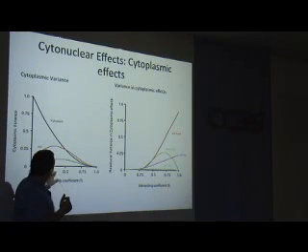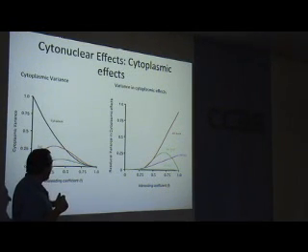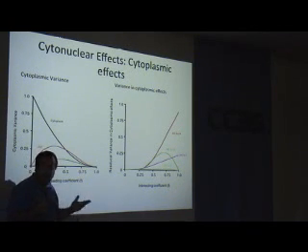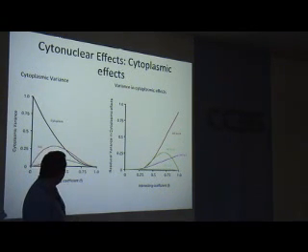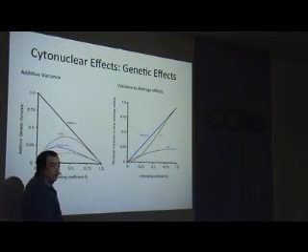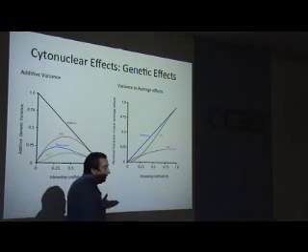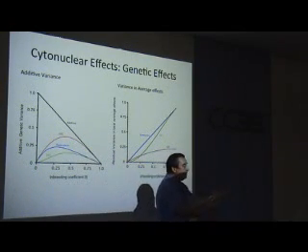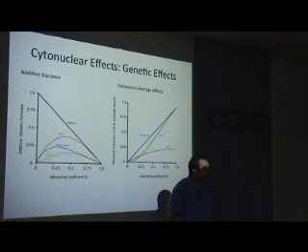What that means is that the inbreeding coefficient goes up much faster for the cytoplasm, and as a consequence, most of that cytonuclear interaction gets converted into genetic effects.